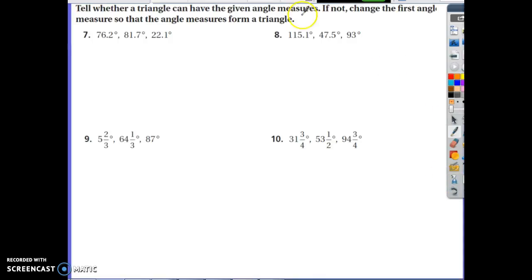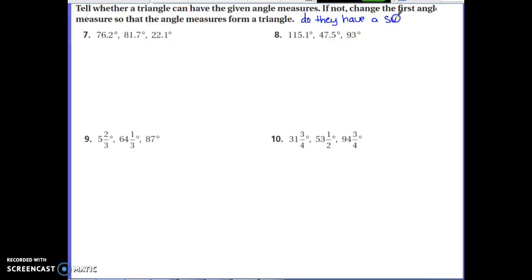So all we're going to ask is, do the angles add up to 180 degrees? So our question, do they have a sum of 180? And if not, then we're going to change the first one so that they do.